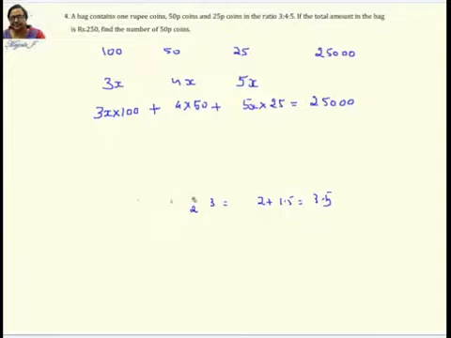Now you can solve this. You have one variable and one equation, so there is nothing complicated here. You can easily solve this. So this is going to be 300x plus 200, sorry, x is missing.